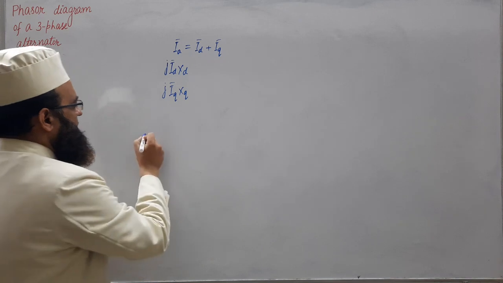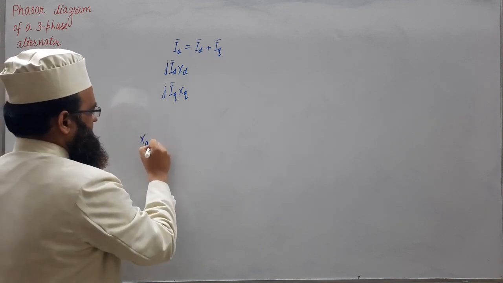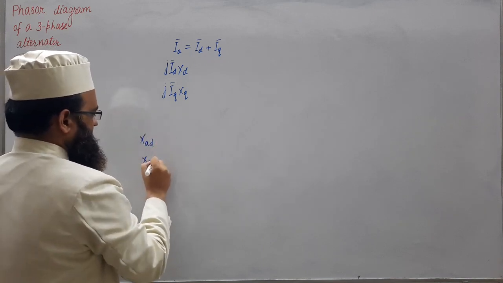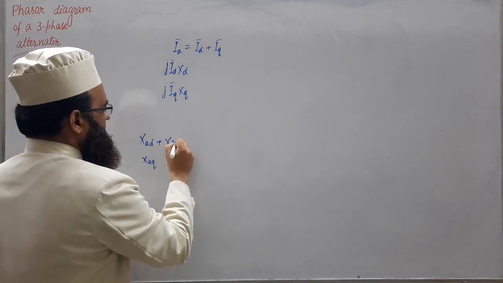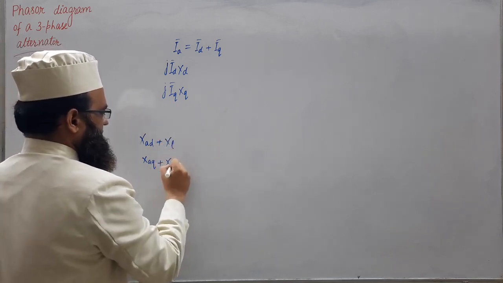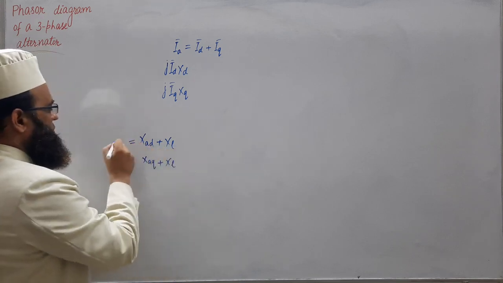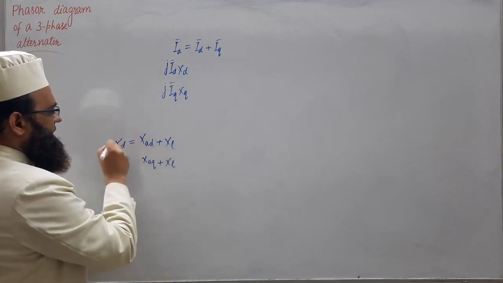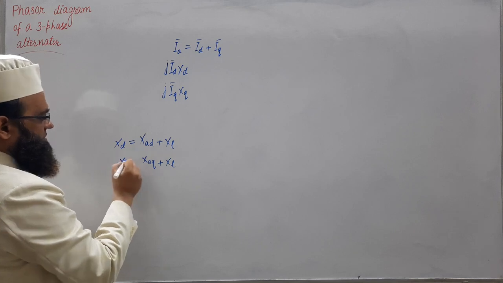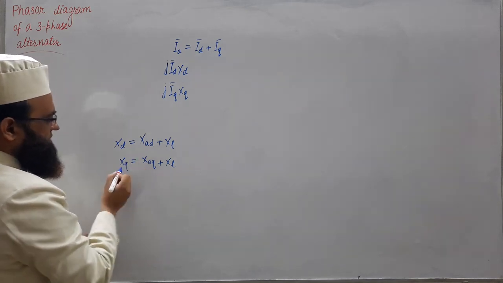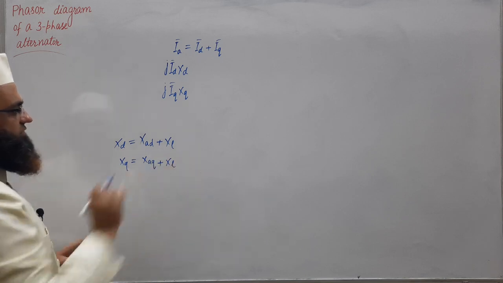Remember, the hypothetical reactances are XAD and XAQ. When we combine the leakage reactance with these, we may write the direct axis synchronous reactance XD and the quadrature axis synchronous reactance XQ.